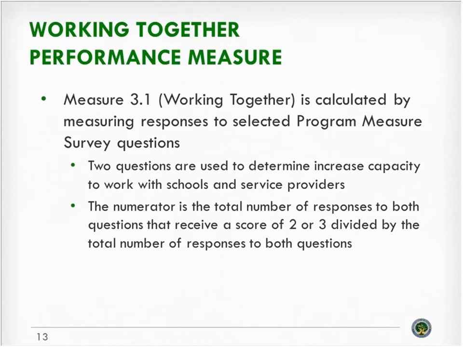Since the responses vary on a 4-point scale from, again, strongly disagree to strongly agree, only those responses that are agree and strongly agree are counted as indicating an increased capacity to work with professionals and providers. The total number of positive responses across both questions are then, again, divided by the total number of responses to arrive at a percentage. Next slide.